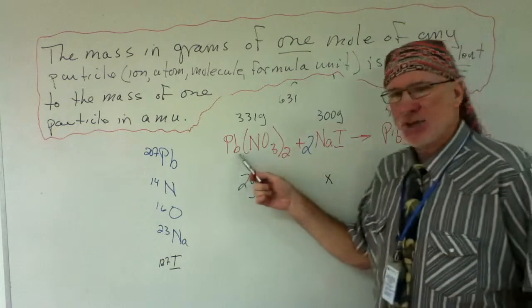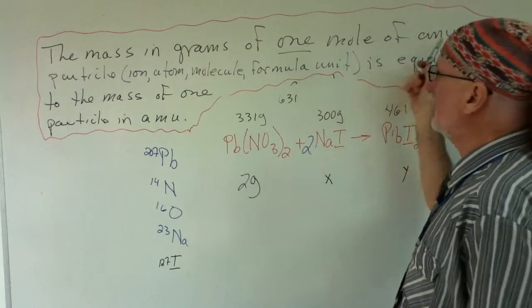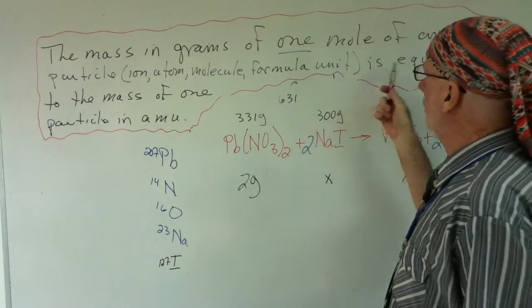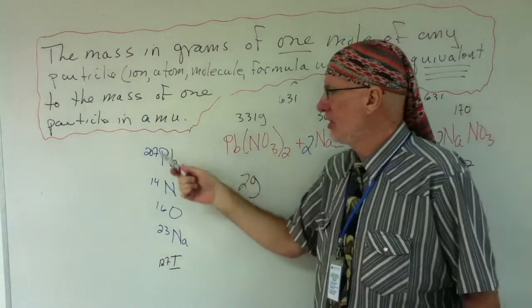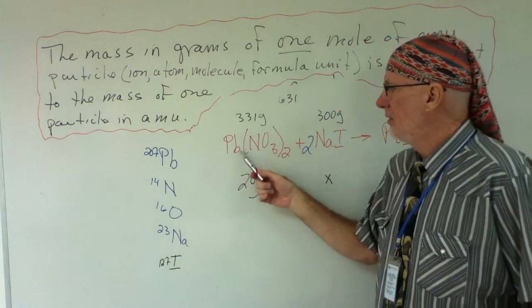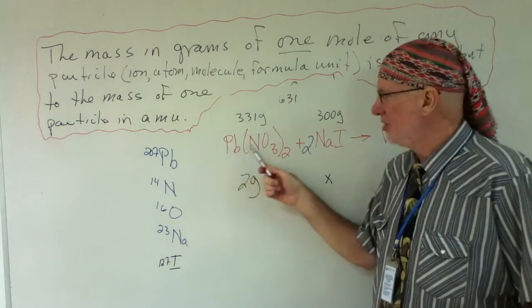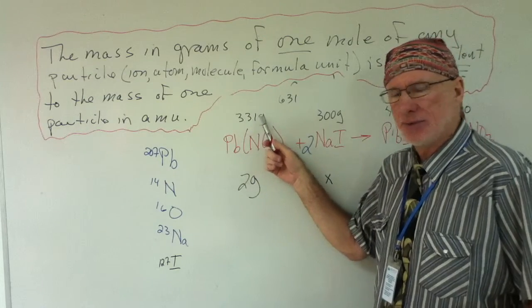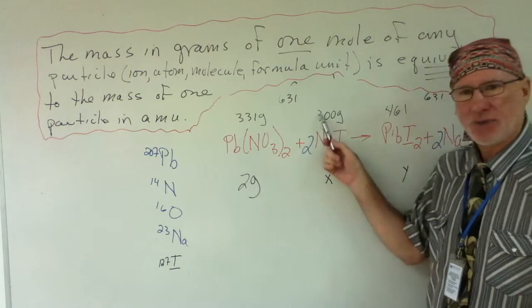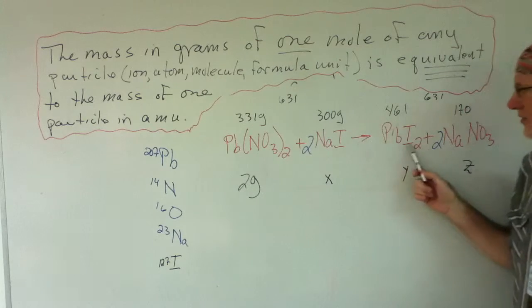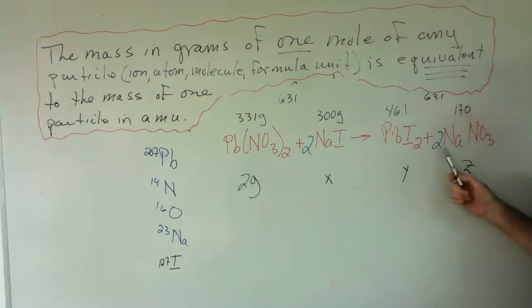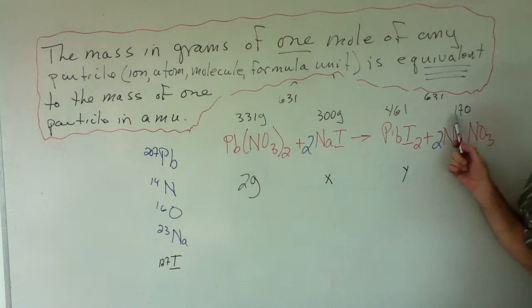The mass in grams of 1 mole of any particle is equivalent to the mass of 1 particle in atomic mass units. So the mass of 1 mole of this particle is 331 grams. The mass of 2 moles of this particle is 300 grams. The mass of 1 mole of this particle is 461 grams. The mass of 2 moles of this particle is 170 grams.